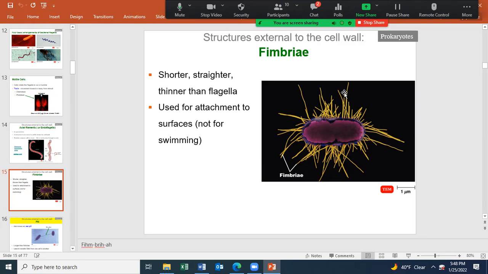The fimbriae, the cell uses for attaching to surfaces, meaning the fimbriae are not used for swimming. And some human pathogens have fimbriae, which makes the cell pathogenic because the fimbriae allows the cell to attach to our cells.